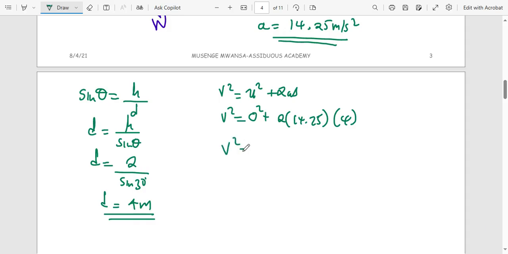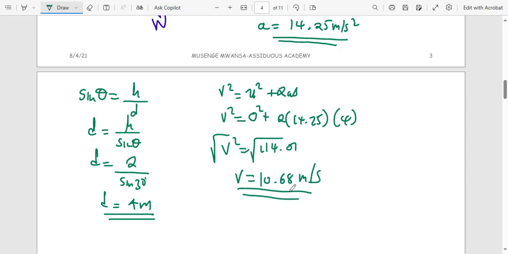So v squared is equal to 14.25 times 2 times 4. That gives us 114.01. Square root both sides, and that will give us a velocity of 10.68 meters per second.